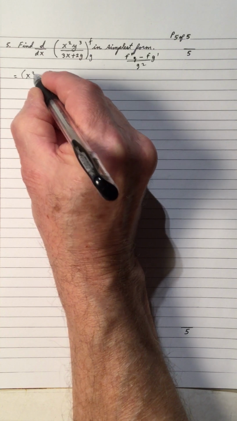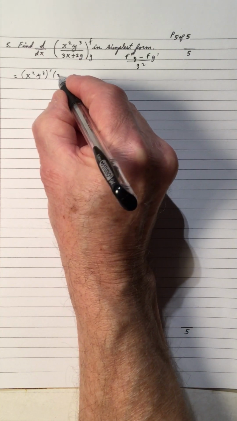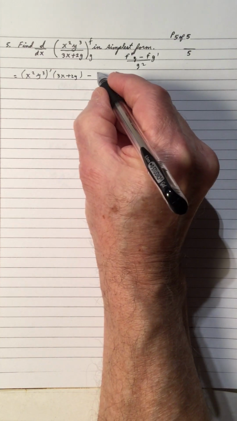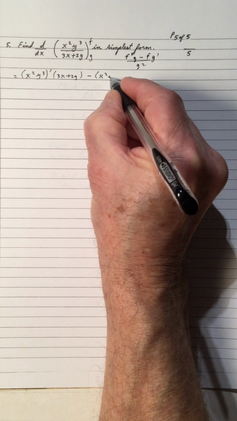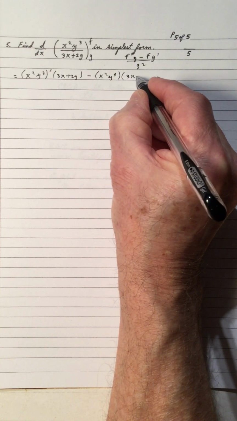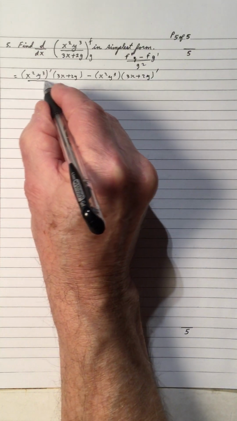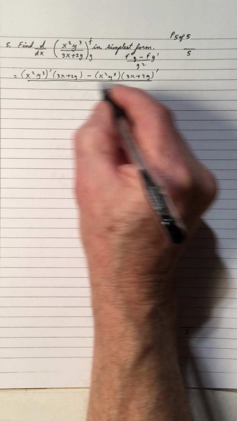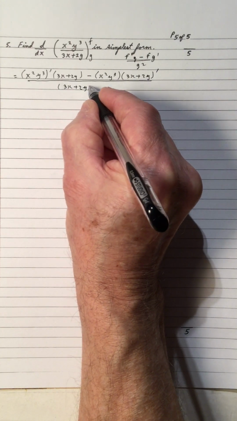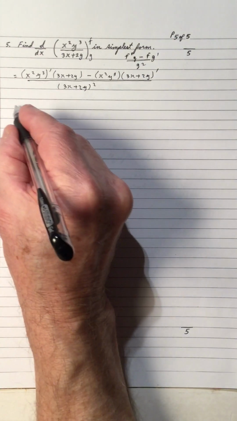So we get x squared y cubed, that's the derivative of f, times g, minus f times the derivative of g, all over (3x plus 2y) squared. So let's take our time and work out the derivative.